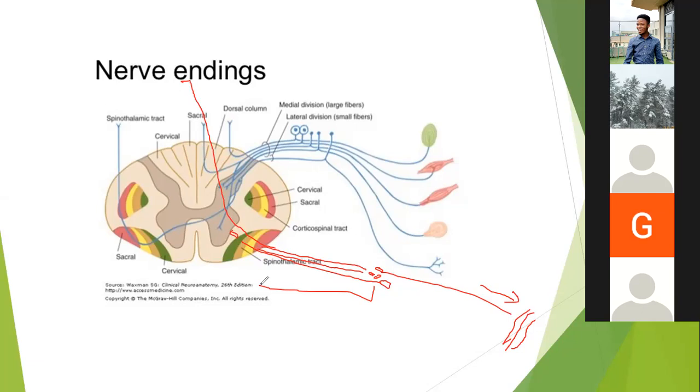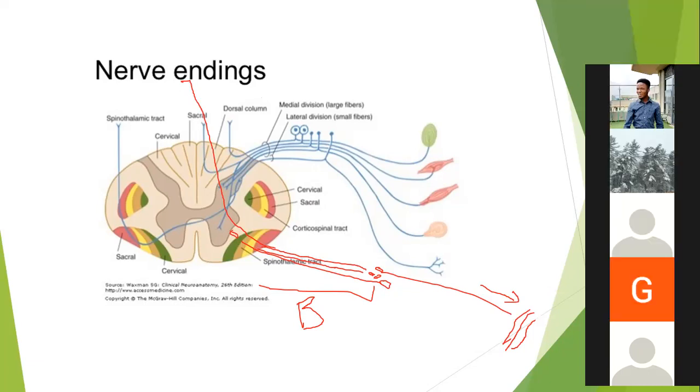The preganglionic fibers represent the B fibers. For that reason, are they motor or sensory? Motor. Preganglionic fibers, are they sensory or efferent? Efferent.